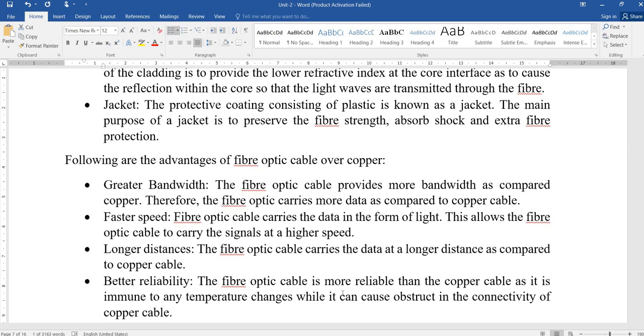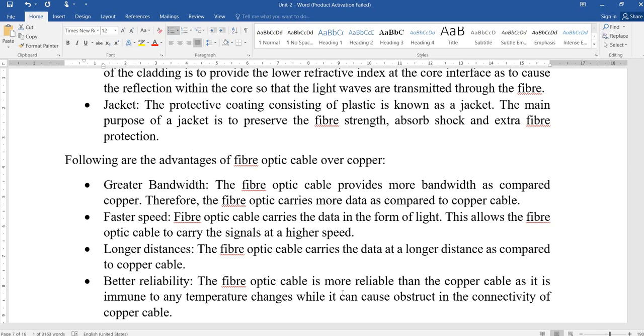Following are the advantages of fiber optic cable over copper. Greater bandwidth, it's very clear, it has greater bandwidth. Faster transmission speed is very clear, it's very fast. Electrical speed is not faster than light speed.